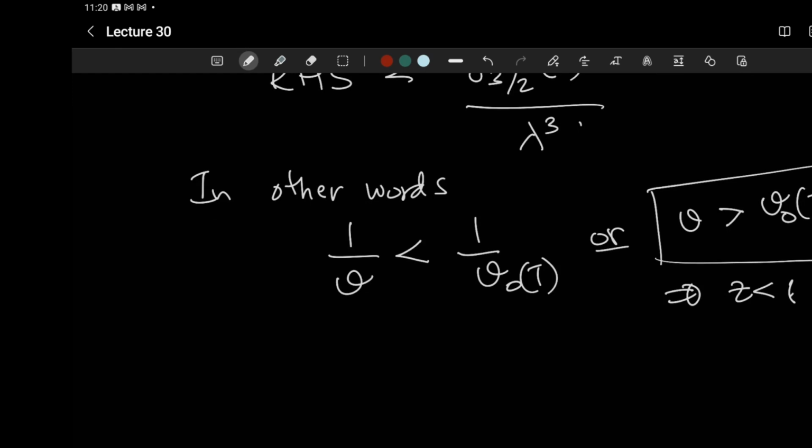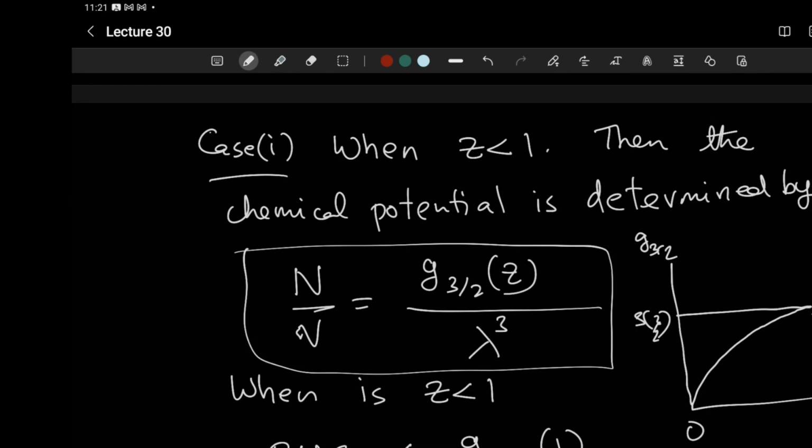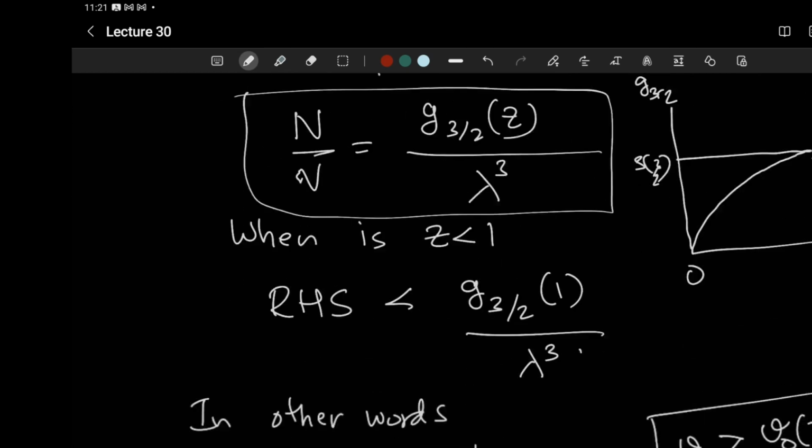Is this clear? So we've got the condition, and the equation that we have to solve is this equation for Z. Of course, it's a messy equation to solve, but you can always numerically solve it. Okay, so that's not a problem. We can solve it.